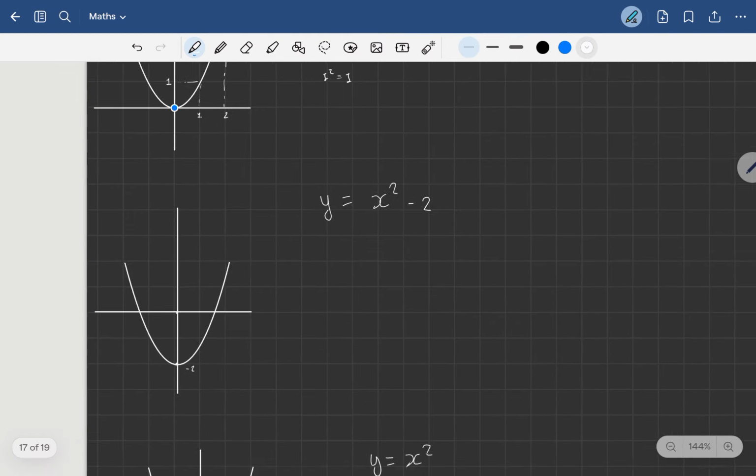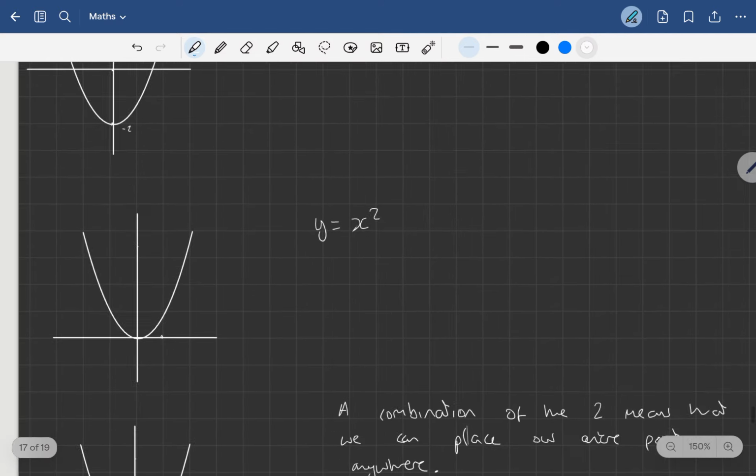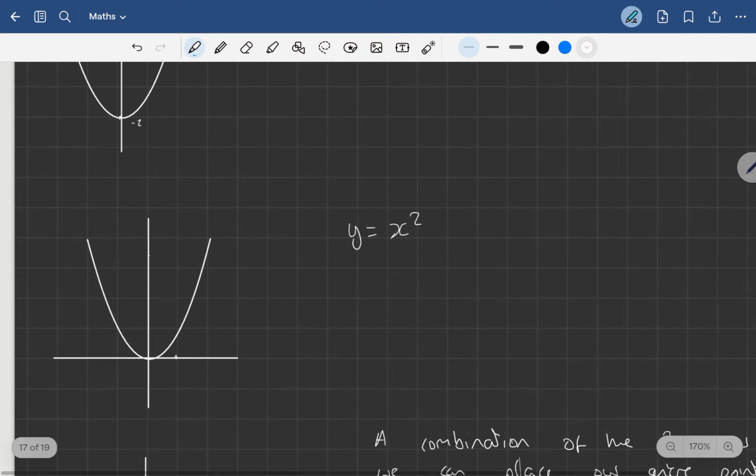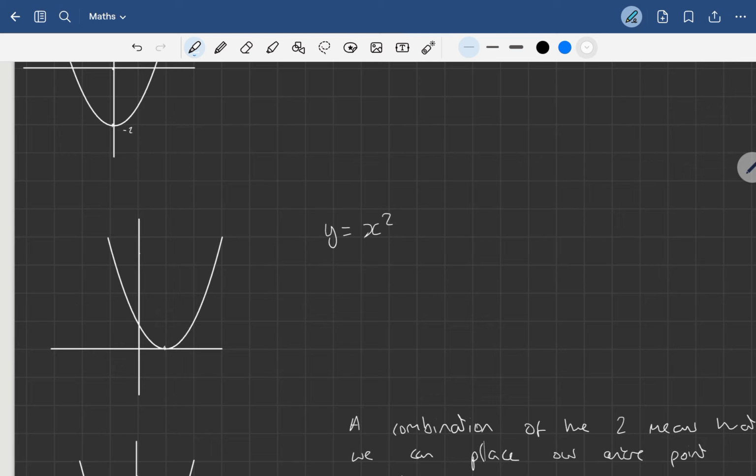Now, what if I want to change the starting point along the x-axis? So, if I move 1 to the side, view it as we are delaying the x squared curve. We are doing everything 1 square later.